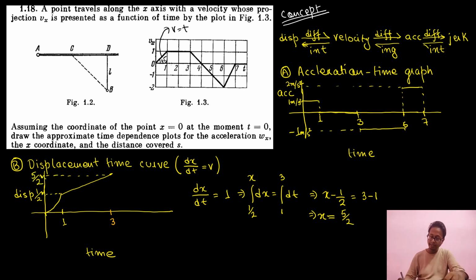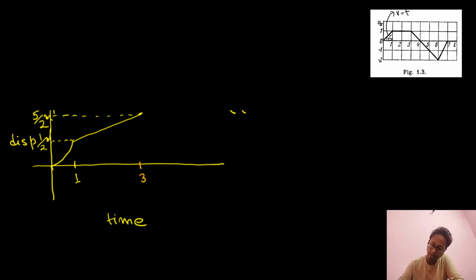So can I take this graph on the next page? So I'm taking this graph on the next page. Now from t is equal to 3 to t is equal to 6, we have an equation of dv by dt is equal to some straight line.